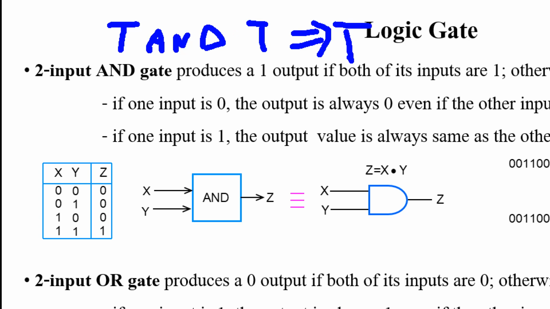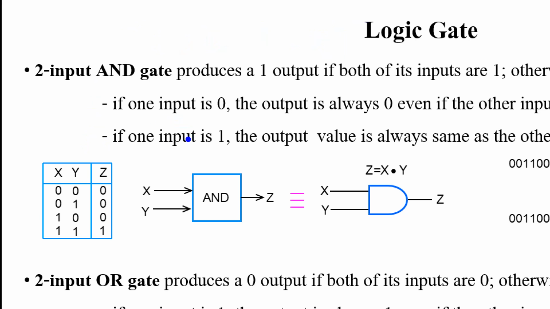Here, for this class, I use logic 1 for true and 0 for false. So for AND operation, the output of the AND gate will be 1 only when inputs x and y are 1, 1. If one input is 0, the output will be 0.